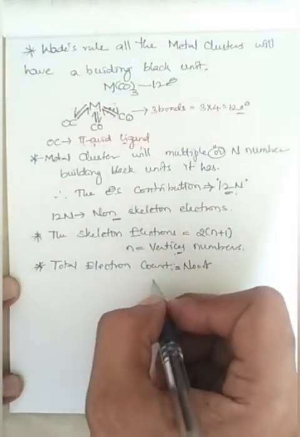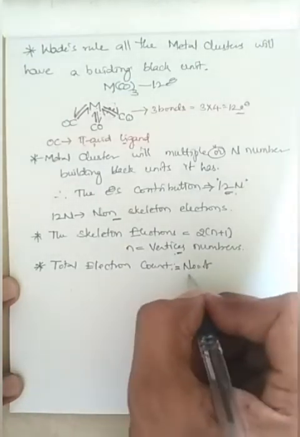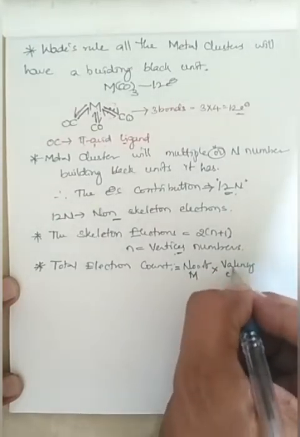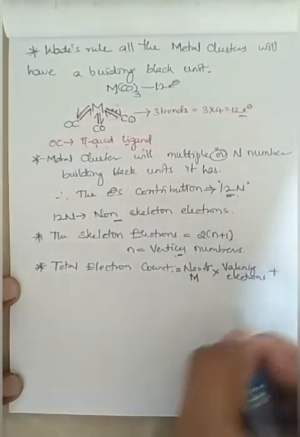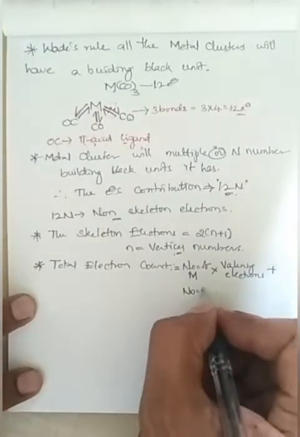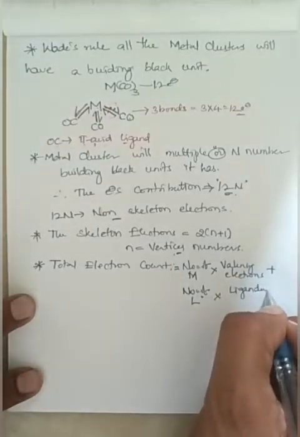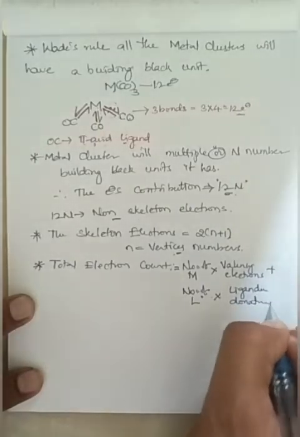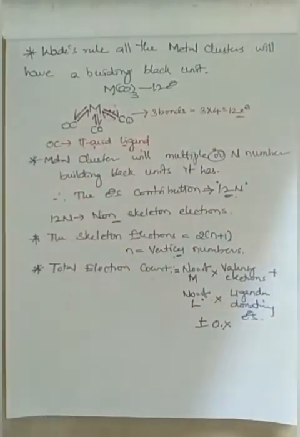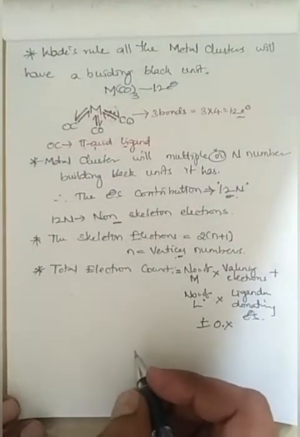Total electron count is equal to the number of metals into valence electrons, plus the number of ligands into ligand donating electrons, plus or minus the oxidation state on the coordination sphere, right? Plus or minus the oxidation state.